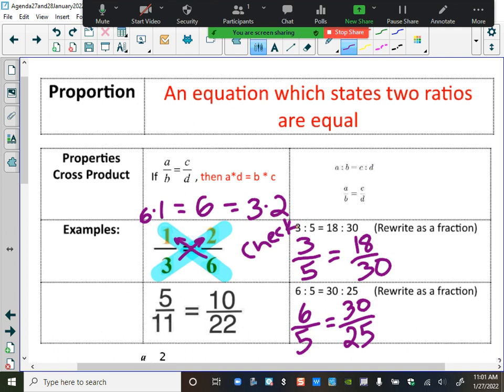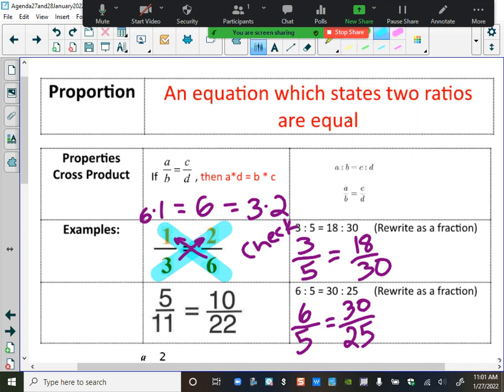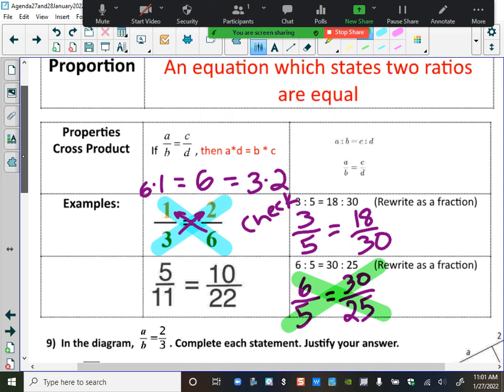Same thing here. Let's say you had it in the colon form, you could write it as fractions. Then you have to check. I'll just do this bottom one for the example. 5 times 30. If we multiply 5 times 30, what do we get? Who can tell us what 5 times 30 is?